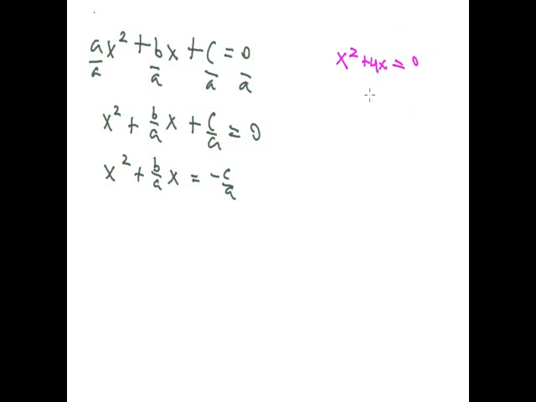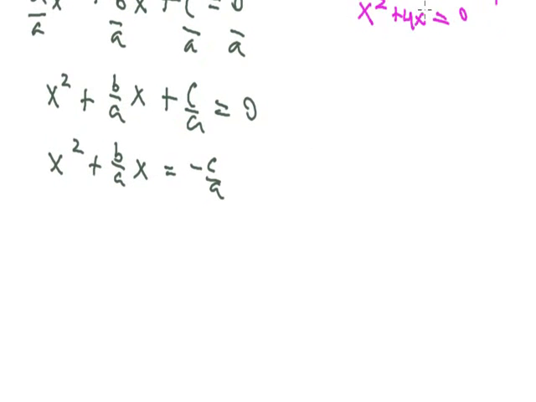So 1/2 of 4 is 2, square is 4. So we add 4 to both sides, and what we have is x plus 1/2 of the squared term squared, that is x plus 2 squared equals 4. And you can do that with any number of numbers.